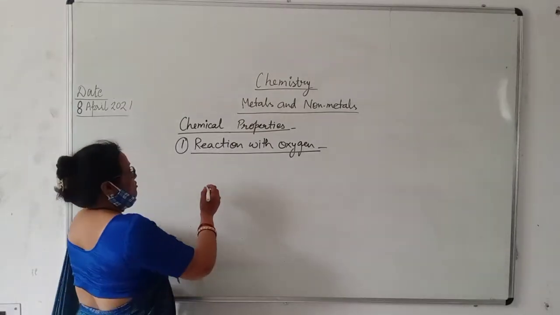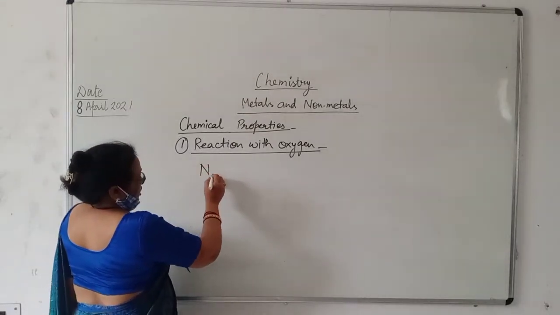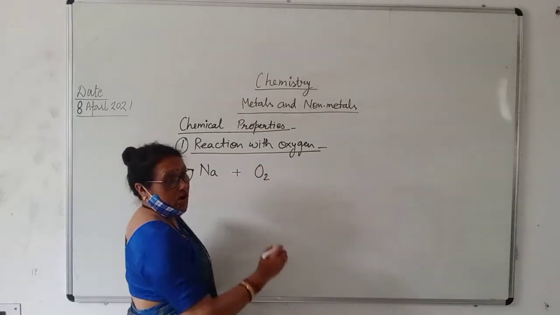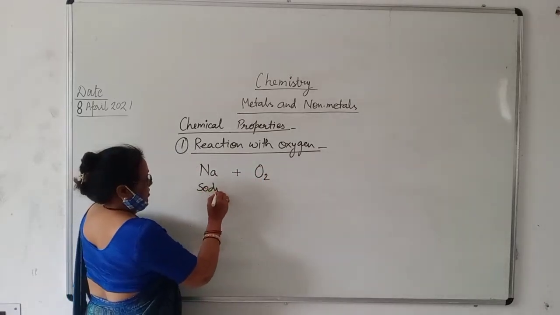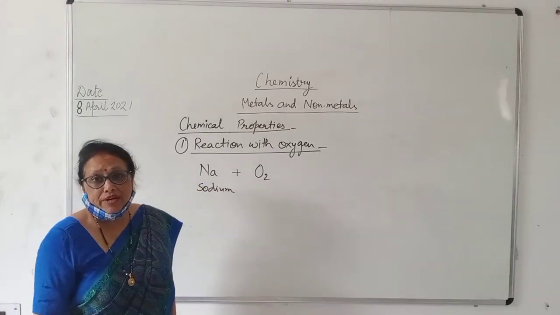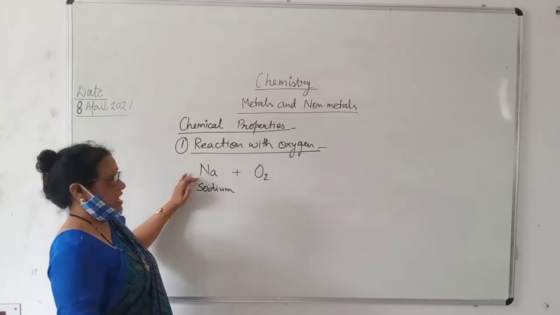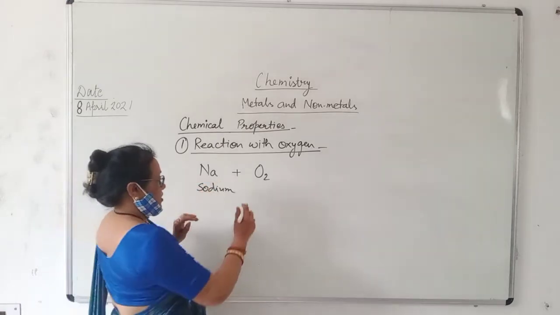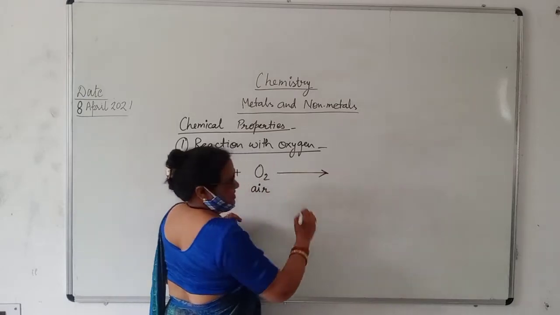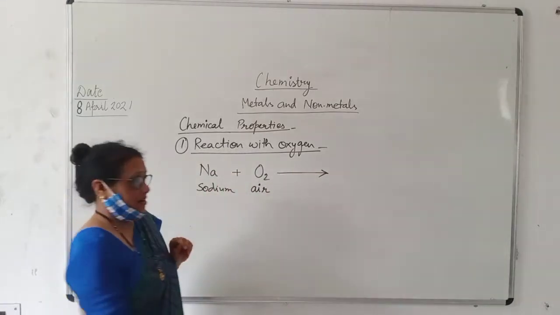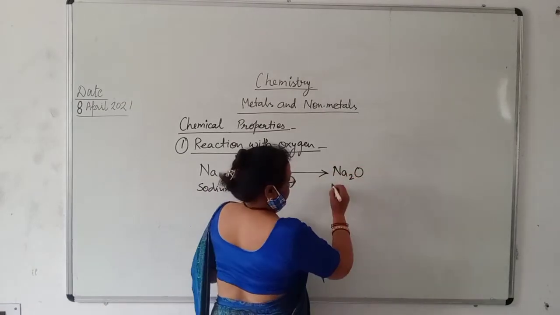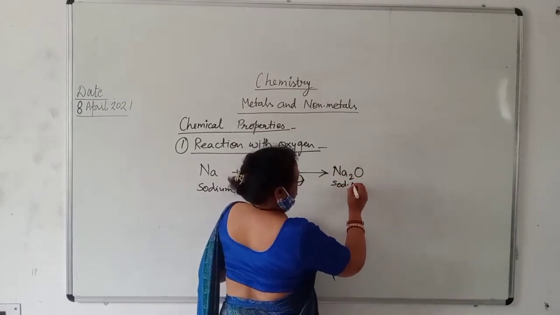So, first of all we will see sodium when it reacts with air or oxygen. The chemical symbol of sodium is capital N, small a, Na. And air means oxygen. When it is heated in air, it gives sodium oxide, Na2O.